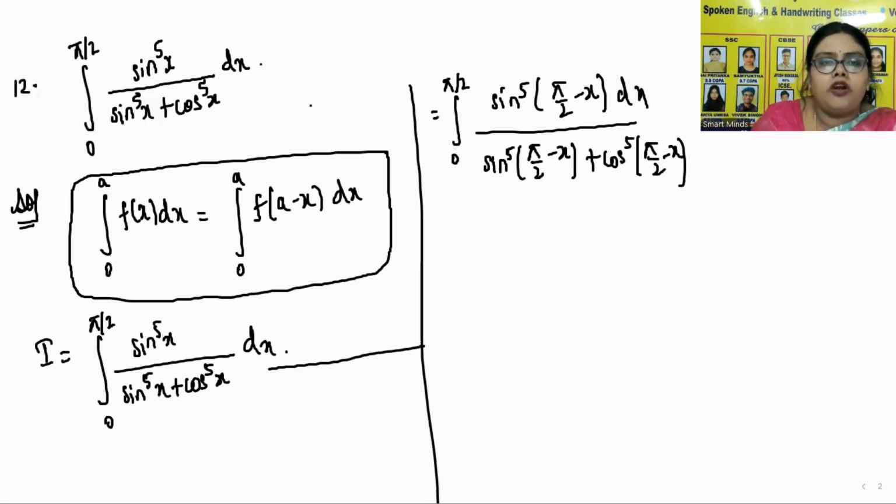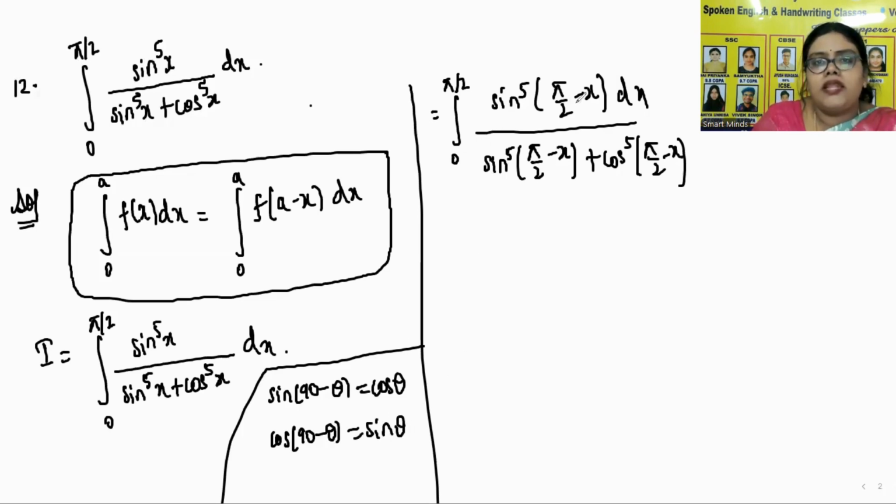Now from trigonometry we know that sine of 90 minus theta is cos theta and cos of 90 minus theta is sine theta. So that is integral 0 to pi by 2. Let's say this is equation number 1.